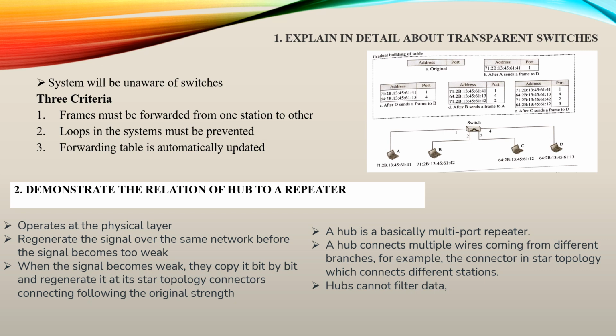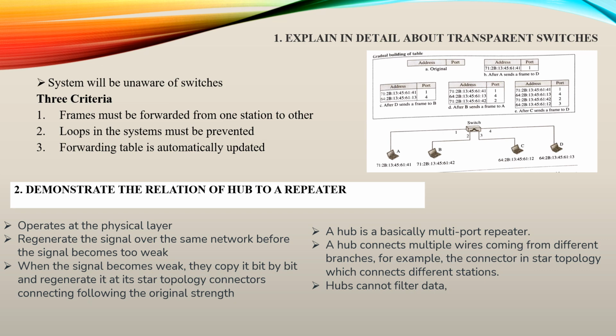First, the data link layer will have frames, and the frames have to be forwarded from one station to another station. Second, the forwarding table must be updated automatically when frames forward data from one station to another. Third, loops in the system must be completely prevented so that no errors happen across the loops.